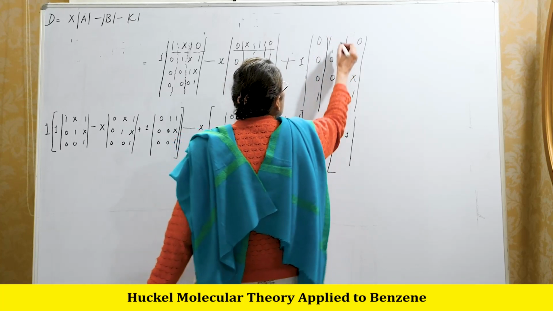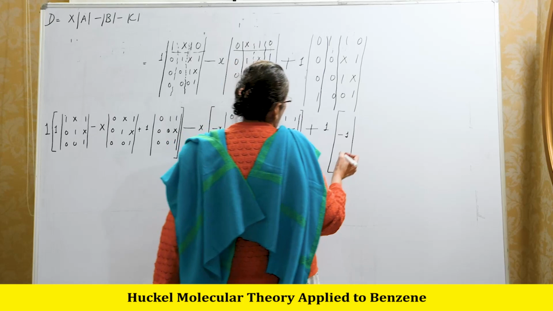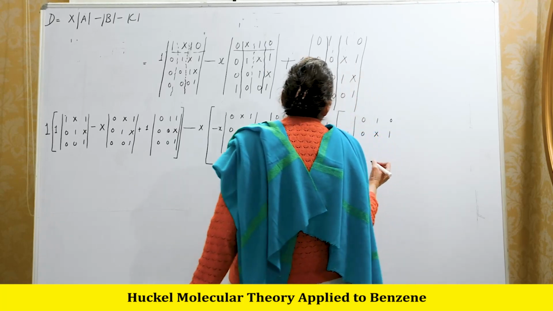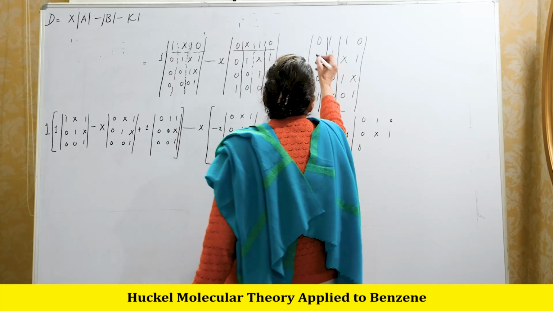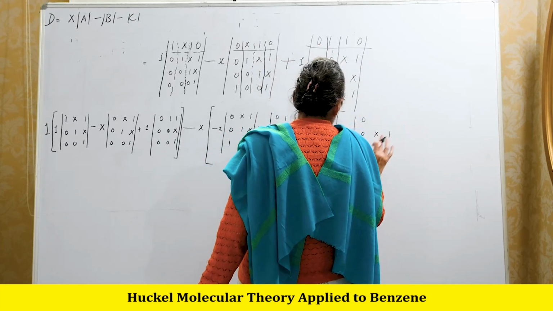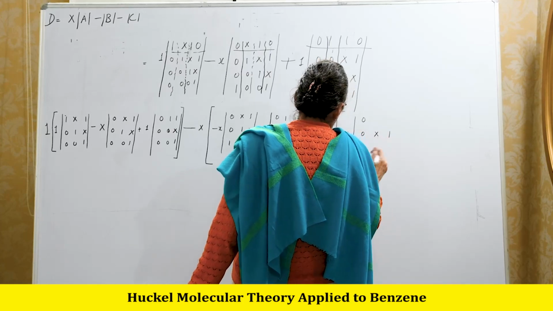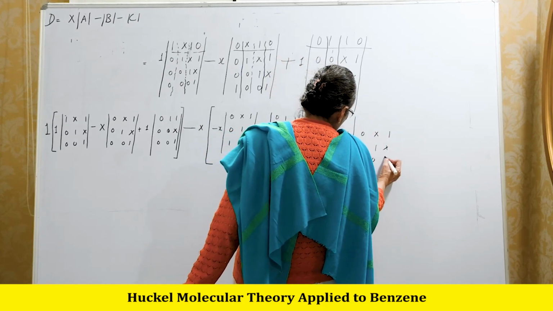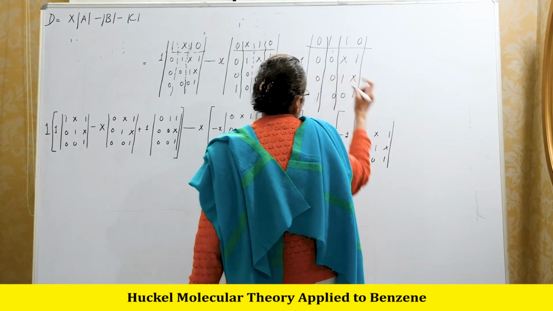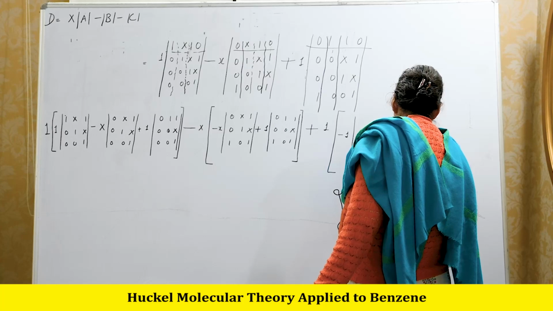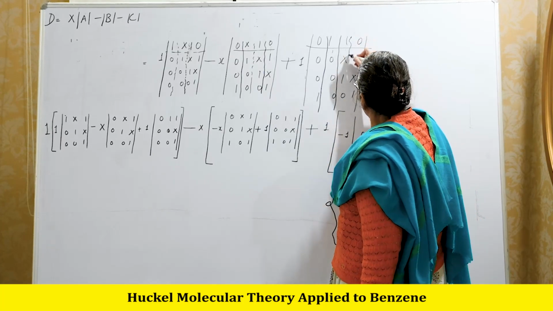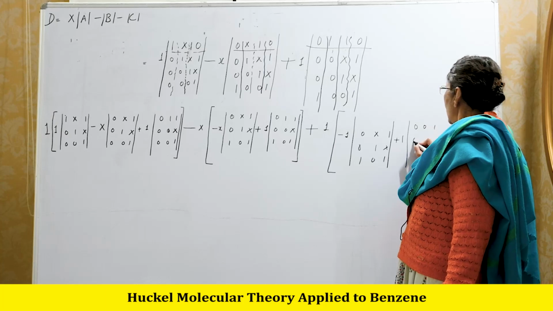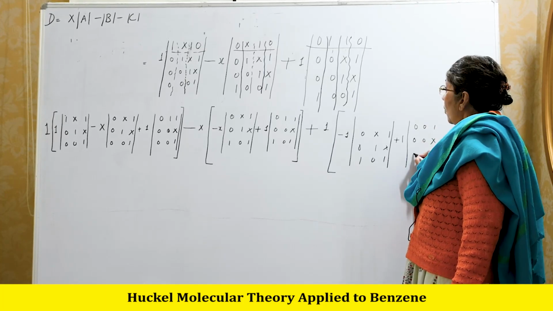So we get this and this minus 1: 0 1 0 and 0 x 1 and 0 x 1 0 1 x and 1 0 1, 1 0 1, and the second is minus, plus 1 and plus 1: 0 0 1 0 0 1 0 0 x and 1 0 1.